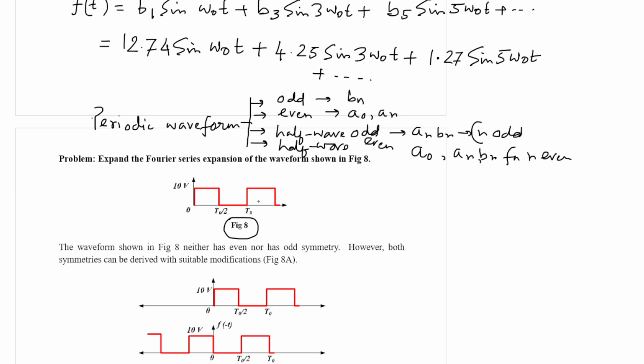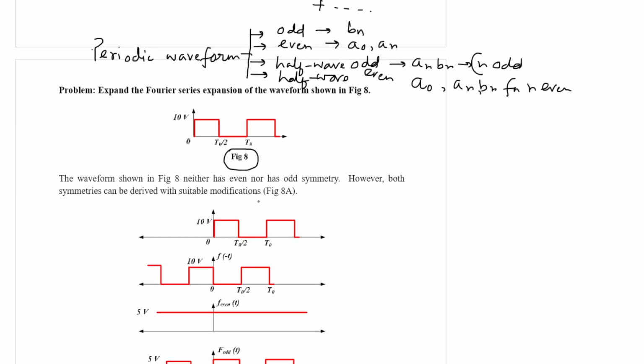This waveform is periodic, because after a time period t0, it repeats itself. However, it does not possess any symmetry, neither half wave nor odd nor even, nothing.